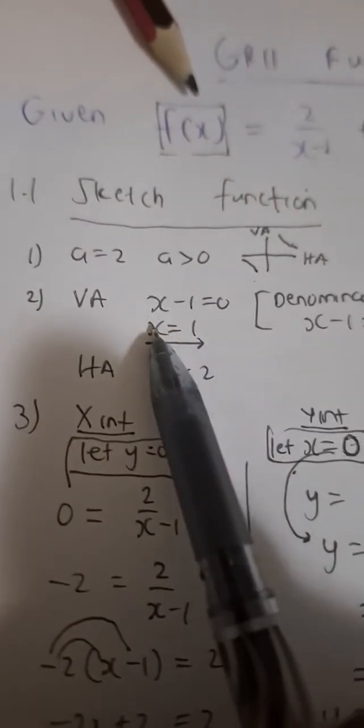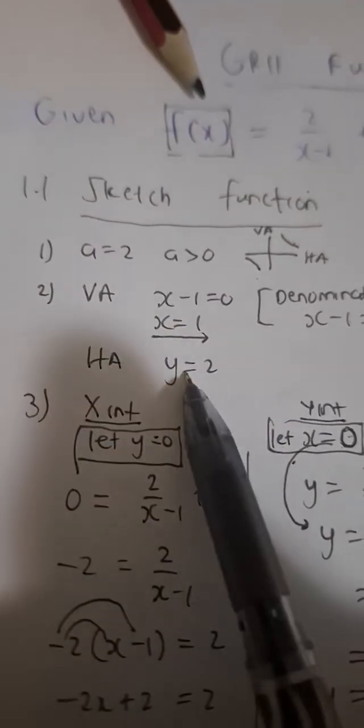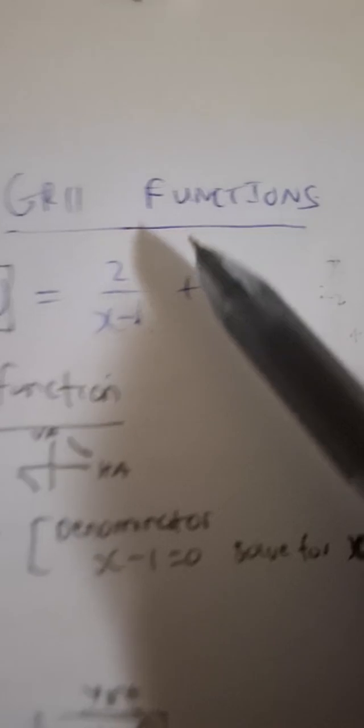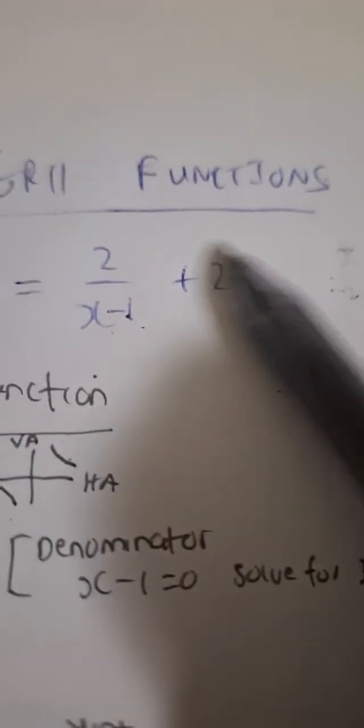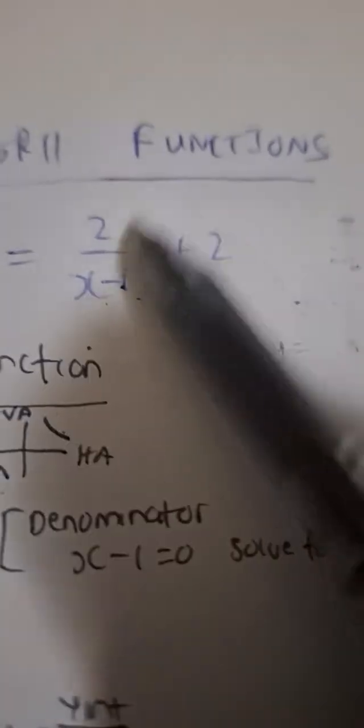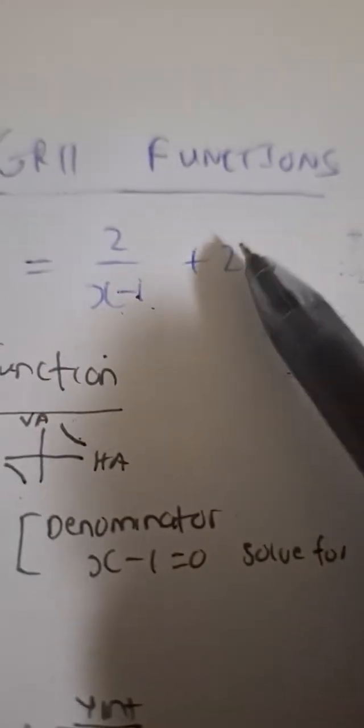All right, so guys, that is the equation of the vertical asymptote. It's x is equal to 1. That is the equation of the horizontal asymptote, y is equal to 2. You get the equation of the horizontal asymptote by identifying the constant term. So it's y is equal to 2 based on the value of the constant.